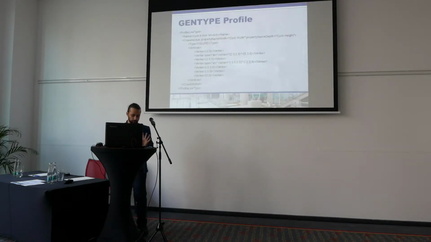I should also draw your attention to the meaning of XML attributes of the cross-section tag. These attributes define properties which can be modified in real time and set names of these properties.